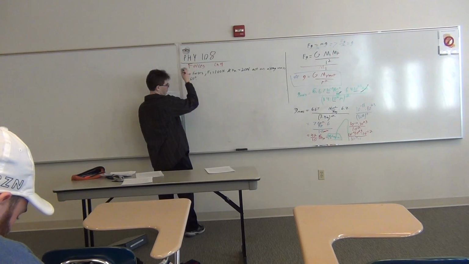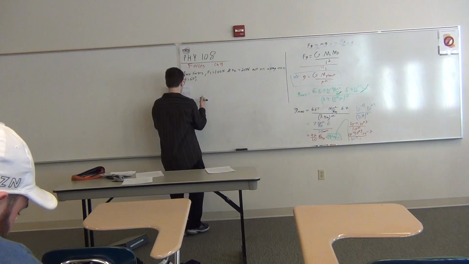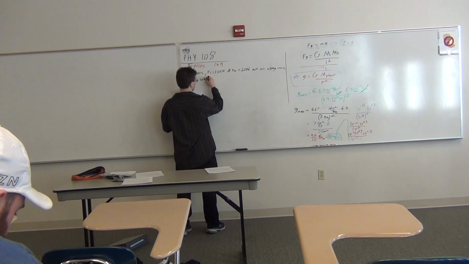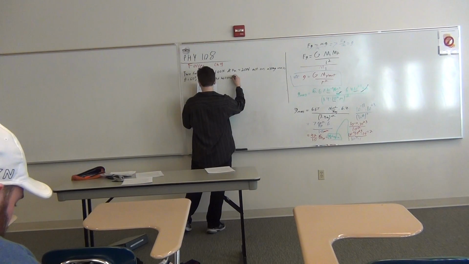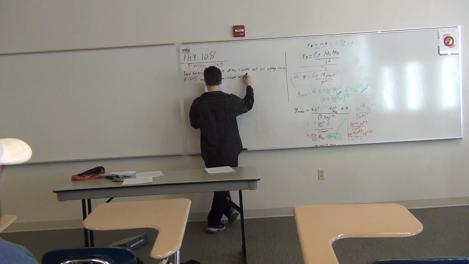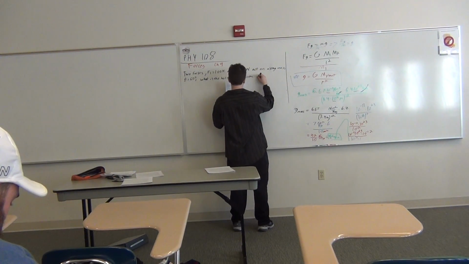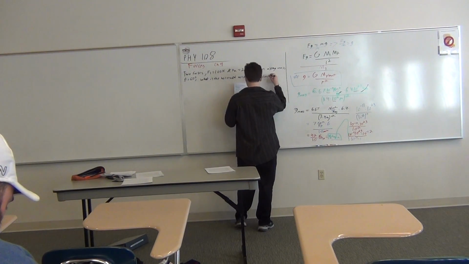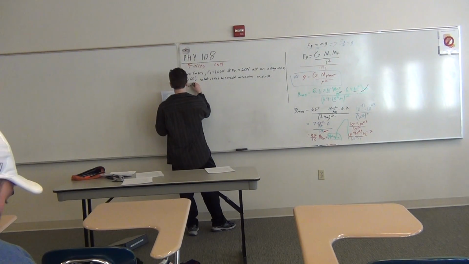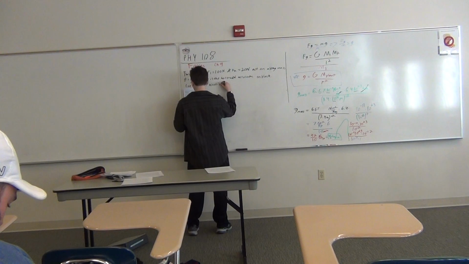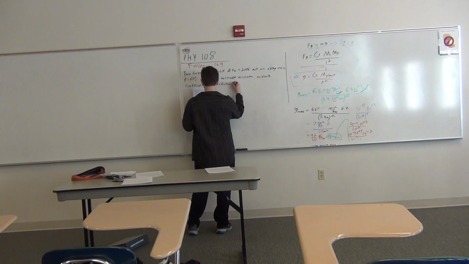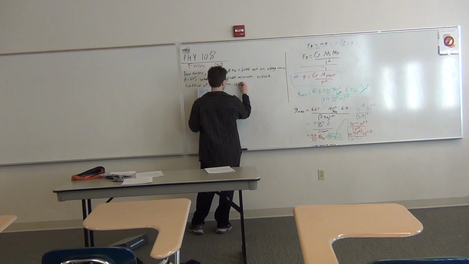I'll draw the picture once I'm done writing the question. What is the horizontal acceleration on the block? The coefficient of kinetic friction is mu k equals 0.1.